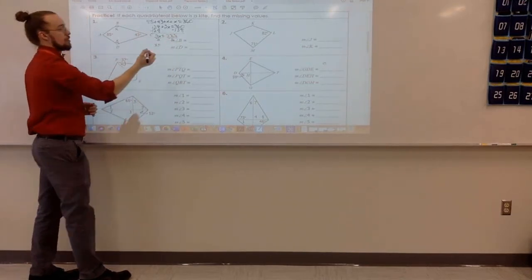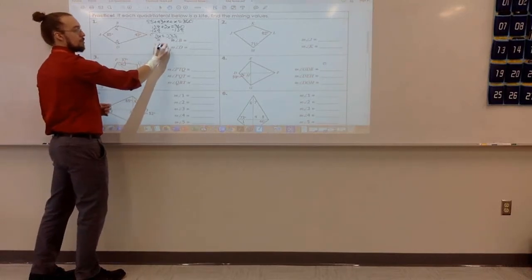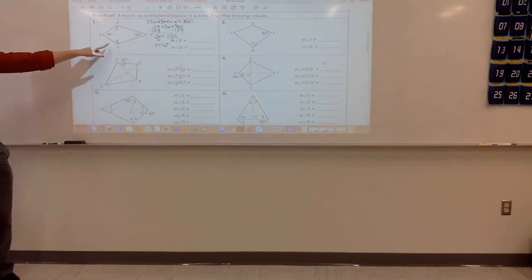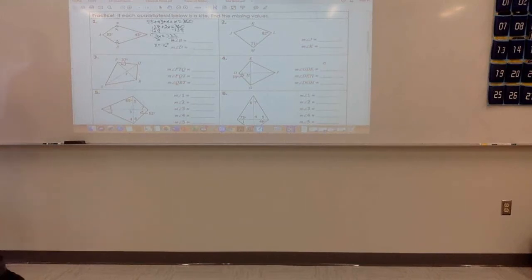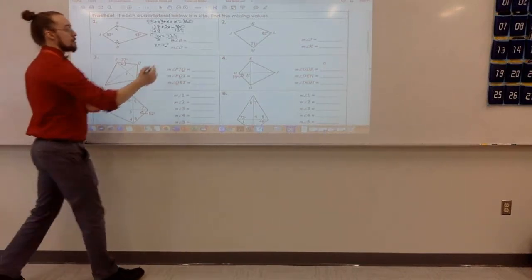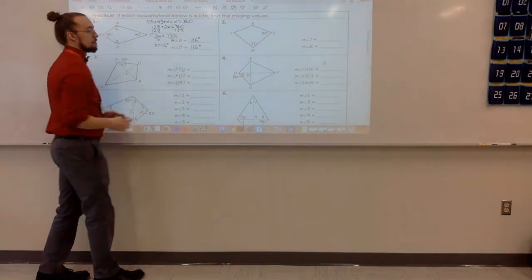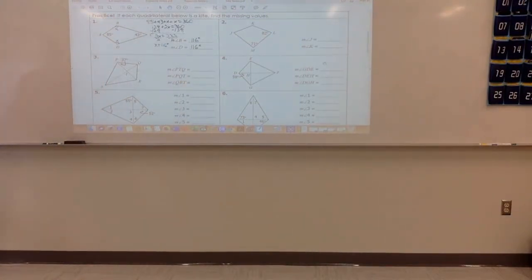And we'll get x equals 116. So that means both of our missing angles here are 116 degrees. Okay with that one?